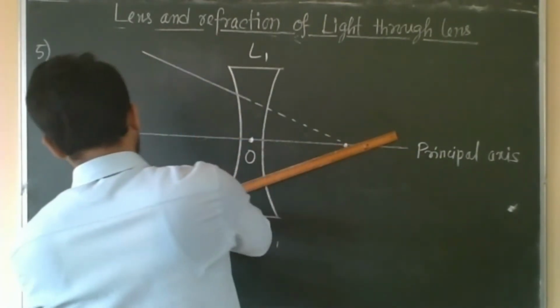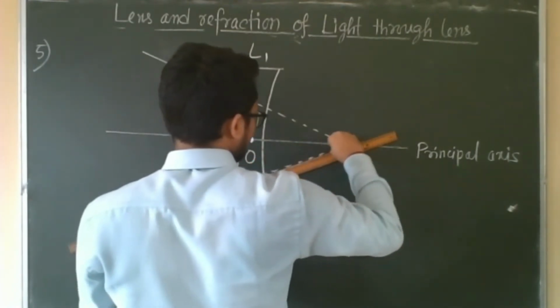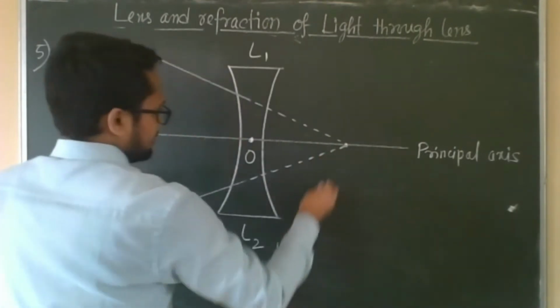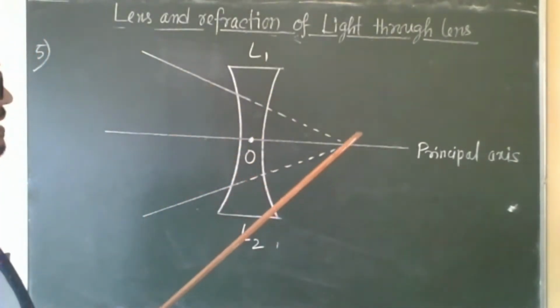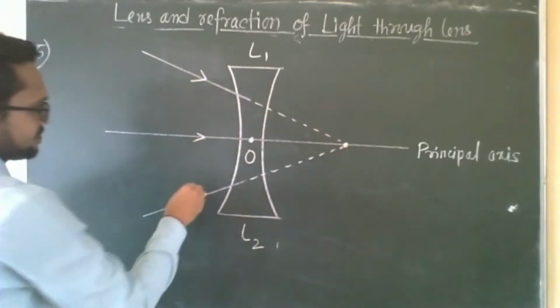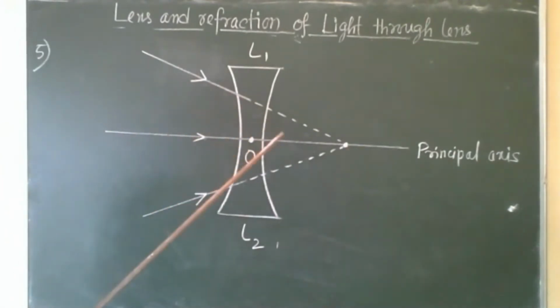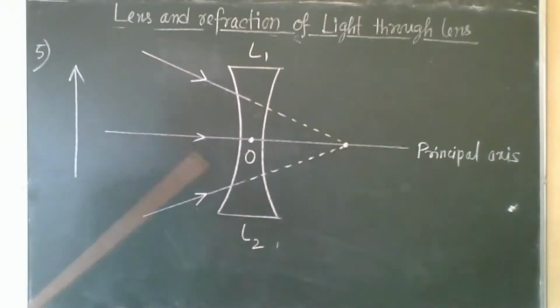This is another ray, also meeting at this point. If we do not keep this lens, these two rays will meet at this point, and the third ray is along the principal axis. Rays are coming from the left again, that means the object is on the left side.